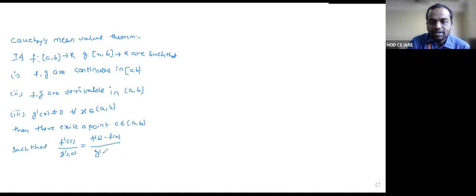This condition will be satisfied. That is called Cauchy's mean value theorem.